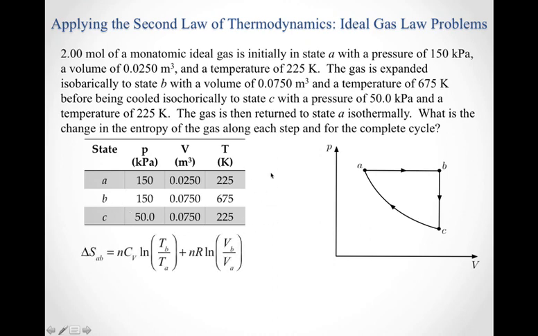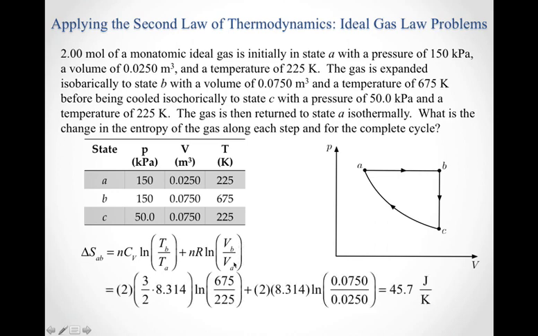If I want to calculate out the change in entropy along each process, I just need to use the equation that we derived, the entropy change using an ideal gas. So here's the equation that I've got. nCV times the natural log of final temperature over initial temperature, in this case T_B over T_A, plus the number of moles times the universal gas constant times the natural log of final volume over initial volume, so here V_B over V_A.